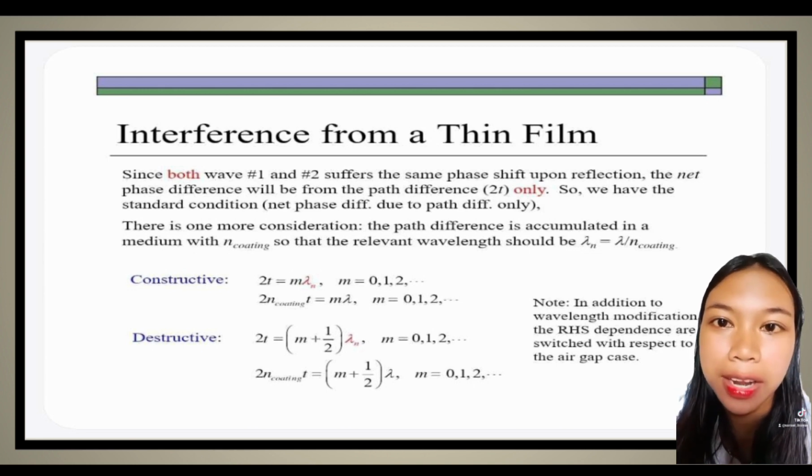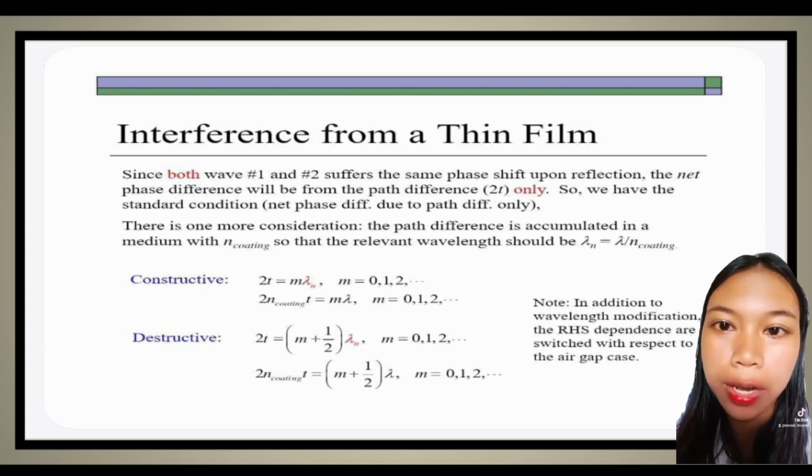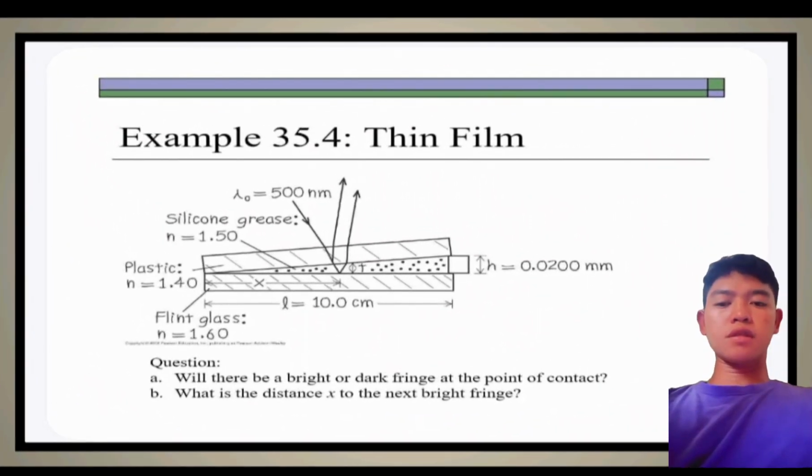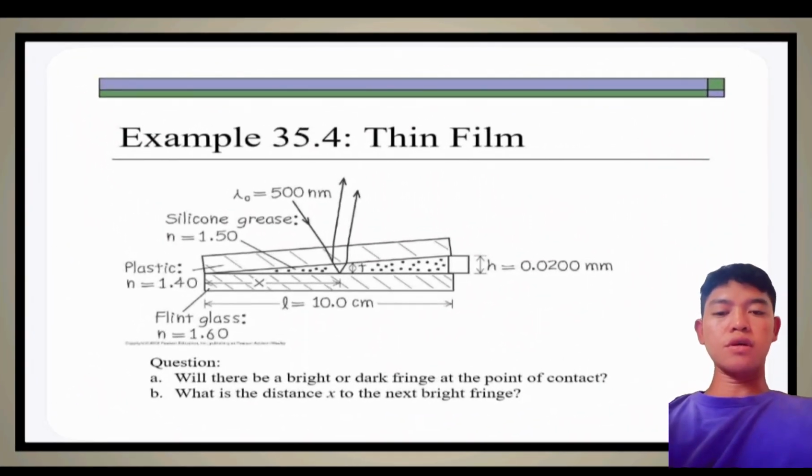Note, in addition to wavelength modification, the right-hand side dependence is switched with respect to the air gap case. Interference in thin films occurs due to the reflection of light waves at different interfaces within the film.